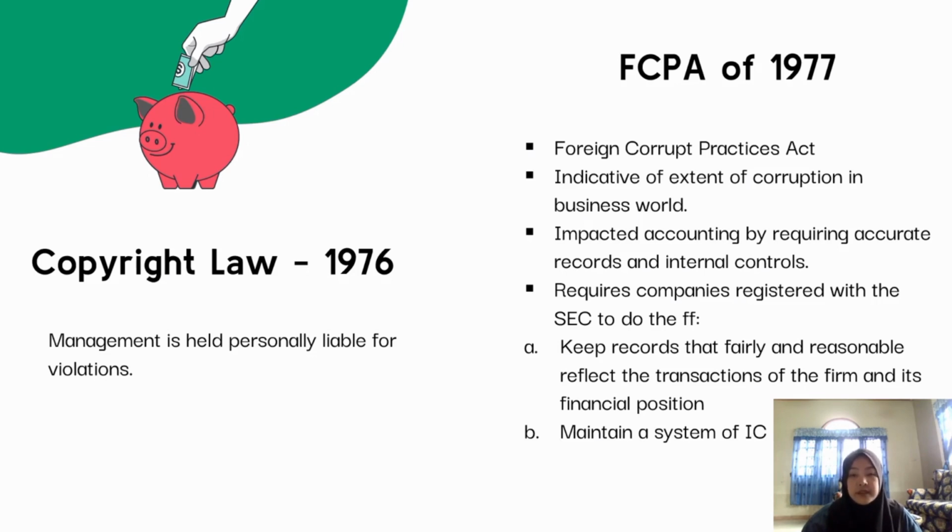Then we have the FCPA of 1977, or the Foreign Corrupt Practices Act. It is indicative of the extent of corruption in the business world and impacted accounting by requiring accurate records and internal controls. This act requires companies registered with the SEC to do the following: keep records that fairly and reasonably reflect the transactions of the firm and its financial position, and maintain a system of internal control that provides reasonable assurance that the organization's objectives are met.